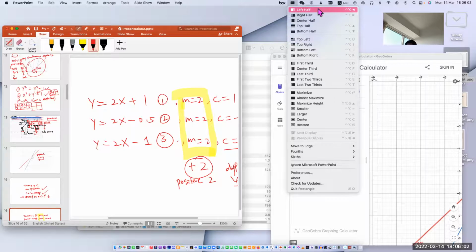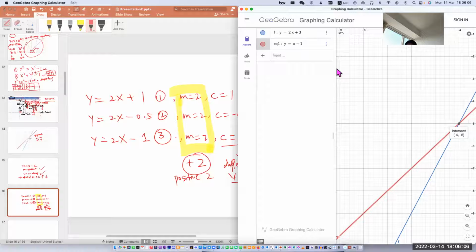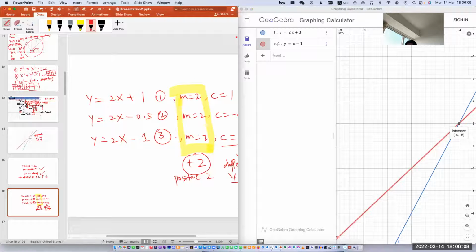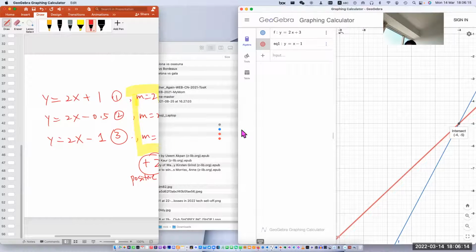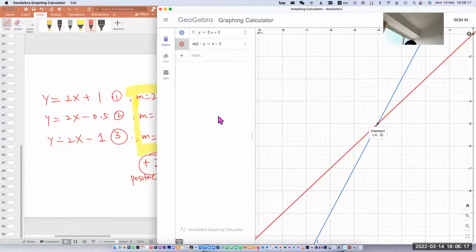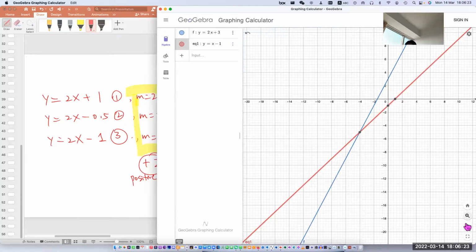I need to use left half. Then I need to use right half. Okay, good. Still looks not very good. So just align it a little bit so that it's easier for me to see. Make this bigger. Yeah, okay, good. So zoom out a little bit. Okay, good. Zoom out a little bit.